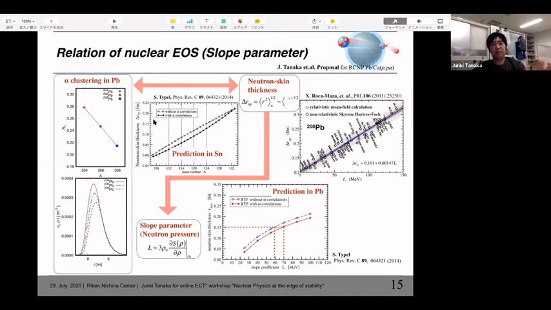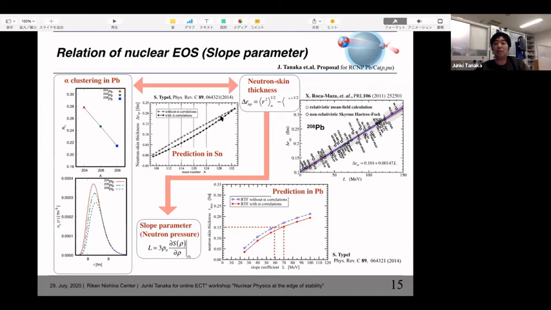According to the density functional theory, not only does the formation of alpha clustering depend on the neutron skin thickness, but in the opposite direction, neutron skin thickness is affected by the formation of alpha clusters.